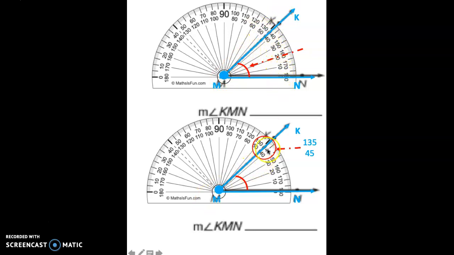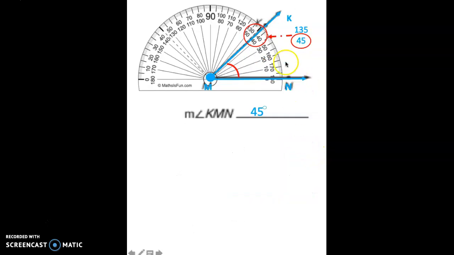And I notice that my ray MK is between 50 and 40. And it falls right about 135 degrees or 45 degrees. Since I know it's an acute angle, I'm going to choose 45 degrees, making the measure of angle KMN 45 degrees. Let's continue.